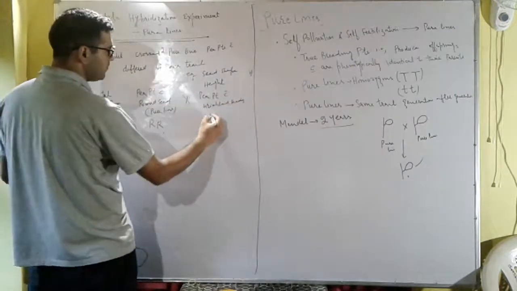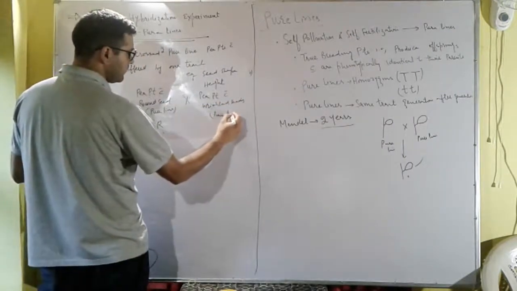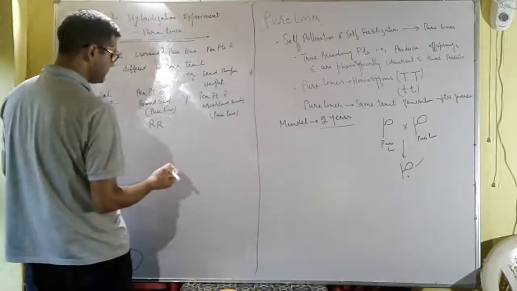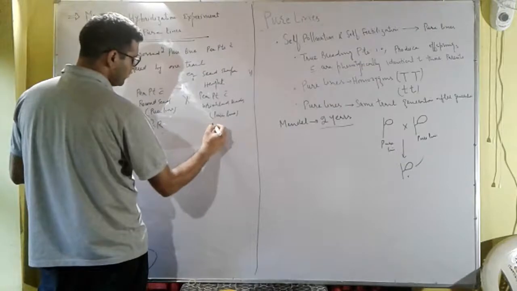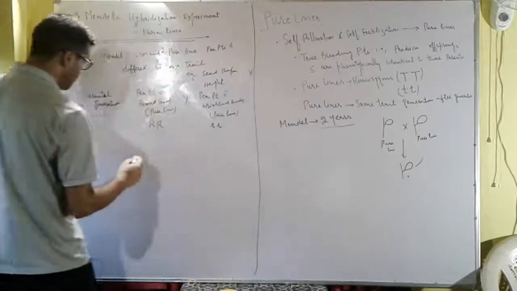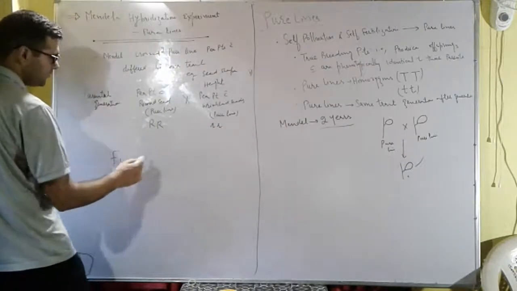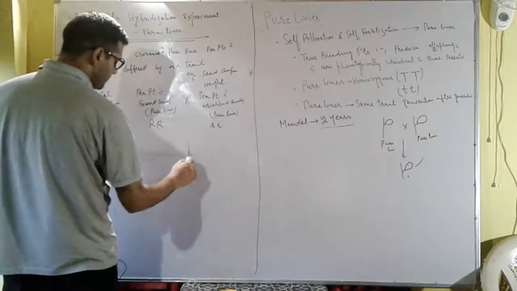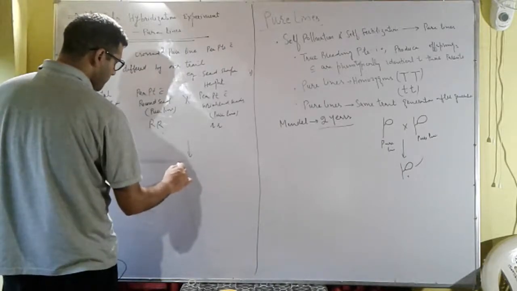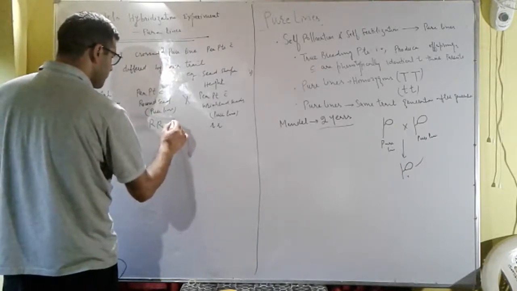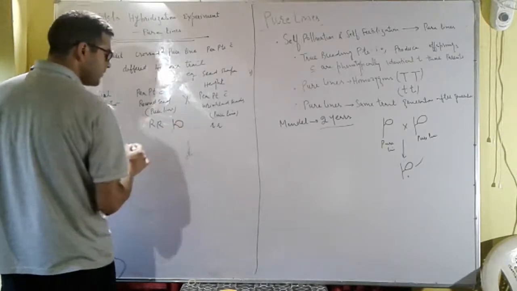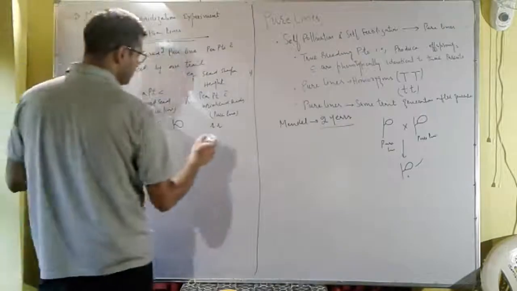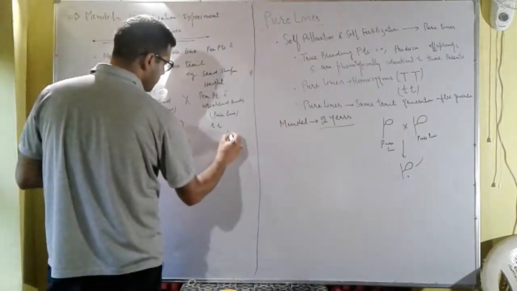This is also a pure line. And in the F1 generation he obtained what? This is a pea plant with round seeds. This is a pea plant with wrinkled seeds.